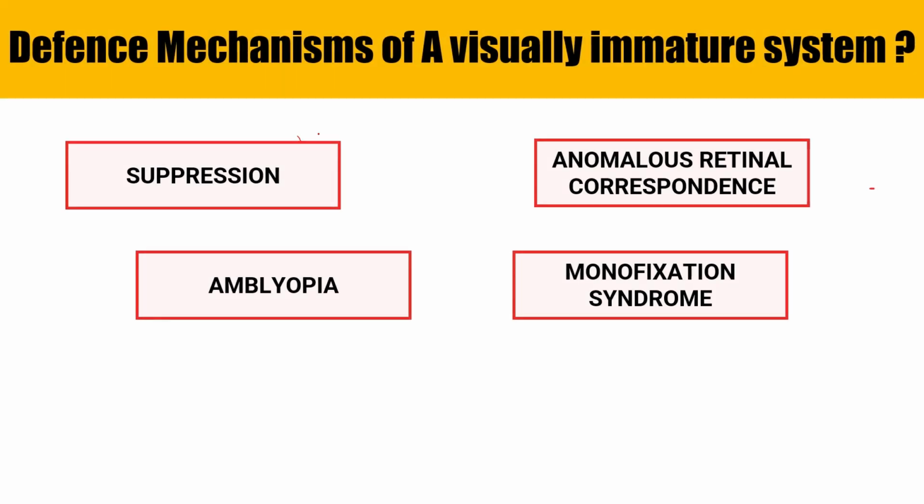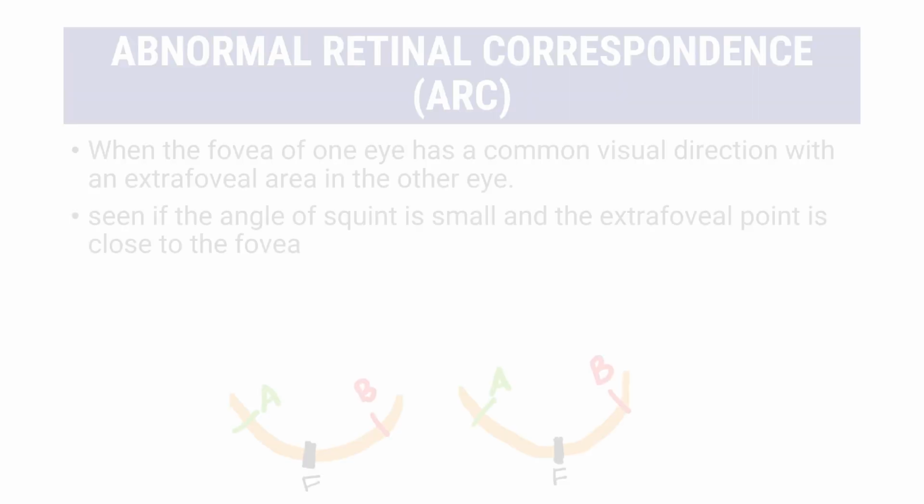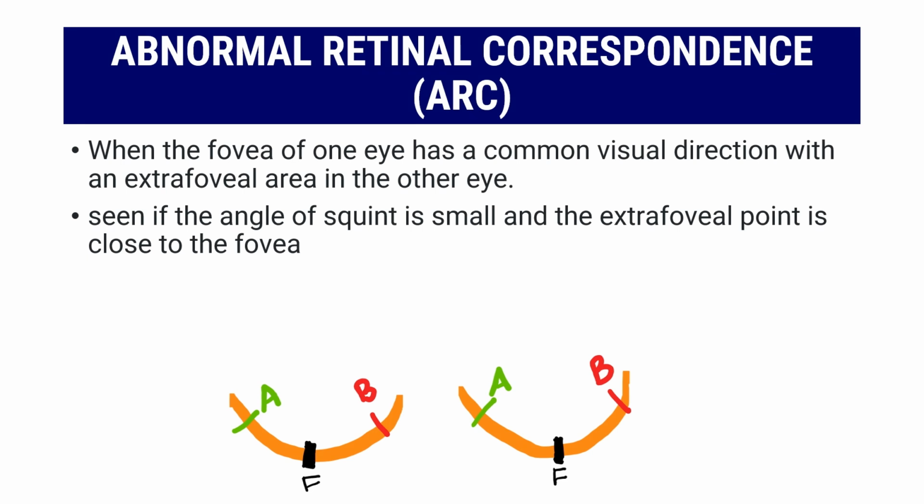So we finished discussing suppression, and next let us talk about abnormal retinal correspondence. In my previous video also I told you in detail what is meant by abnormal retinal correspondence. Basically, we know that the fovea corresponds with the fovea of the other eye, and other points also have their respective corresponding points. But sometimes the fovea develops correspondence, a common visual direction, with some other point on the retina, that means an extrafoveal area of the other eye.